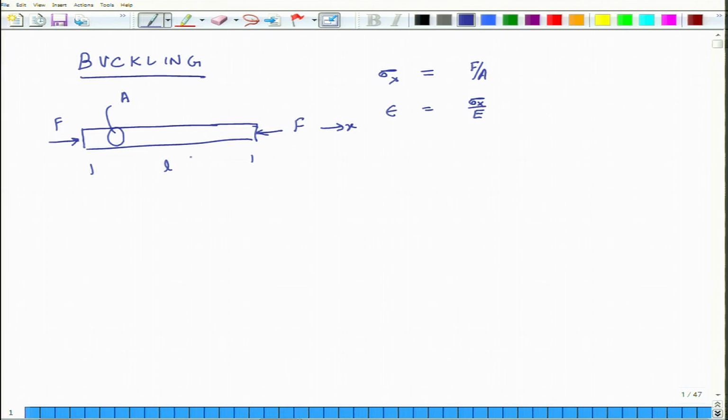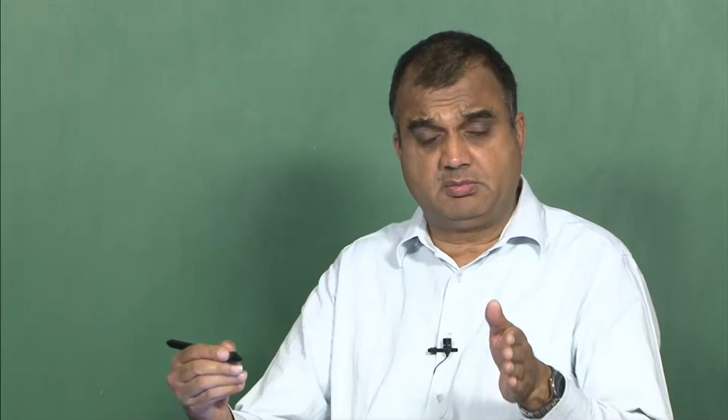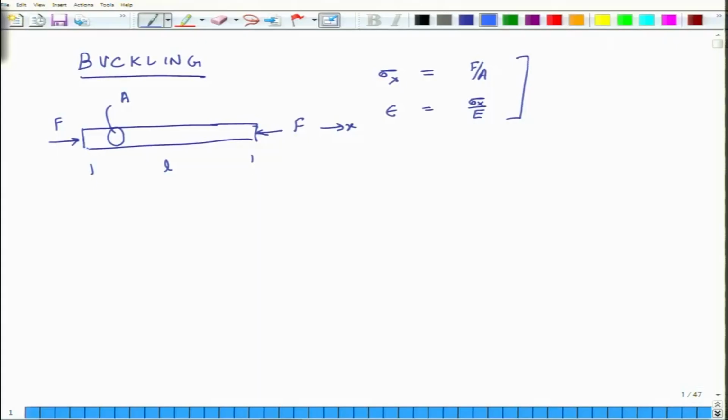So this is what we expect would happen, but in reality that does not happen. What happens in reality is that if I exceed the external force on the bar beyond a certain threshold, then the bar deforms. Using these relations we would expect the deformation to be just of this type: it will become a little fatter and a little shorter.